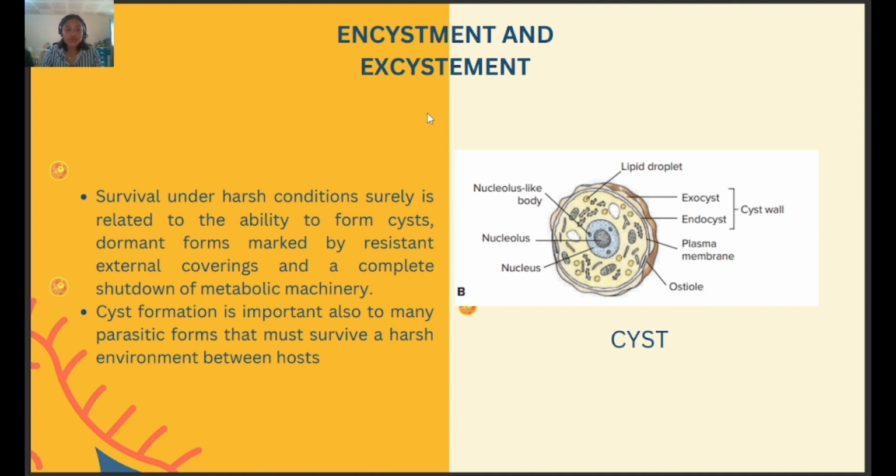So this is survival under harsh conditions. Cyst formation is also important to many parasitic forms that must survive a harsh environment. This cyst is a resistant stage of the organism and it is protected by a cell-produced wall.